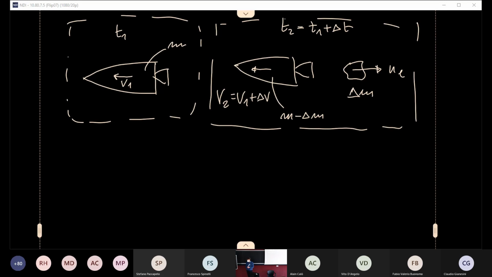The momentum at instant 1 will be the same as the momentum at instant 2. So we have this equality: m v1 is the initial momentum, and in the second time we have to consider the momentum of the rocket and of the exhausted mass.